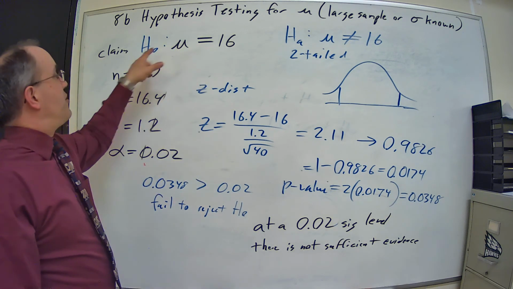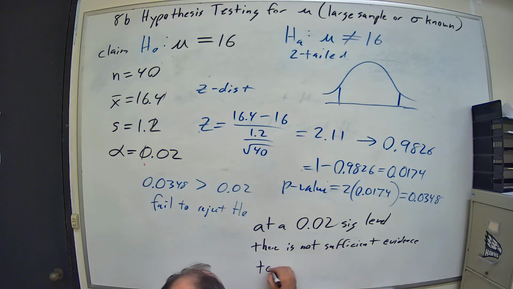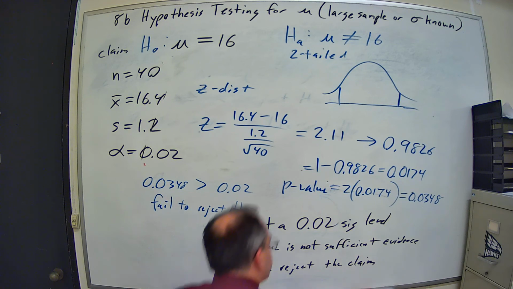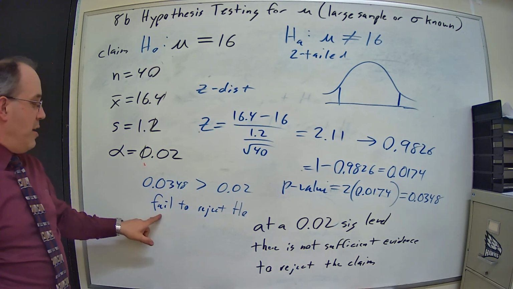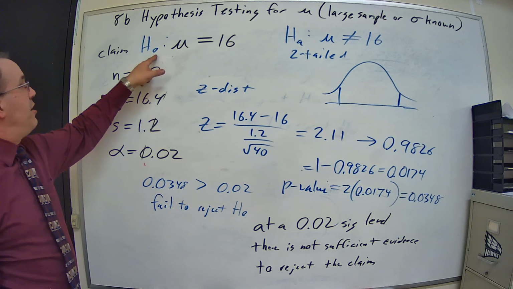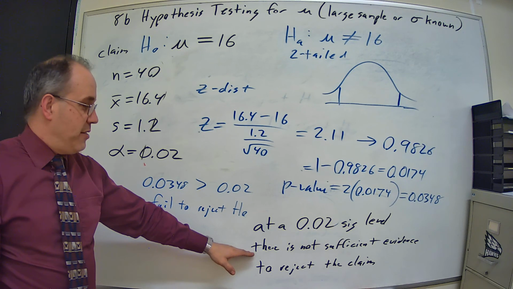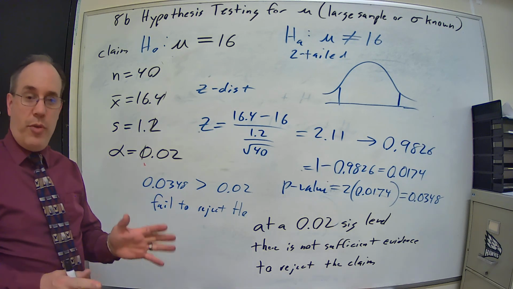And the claim was the null hypothesis, to reject the claim. So at a 0.02 significance level, there is not sufficient evidence to reject the claim. Again, not sufficient evidence and to reject the claim comes from that table that we built.